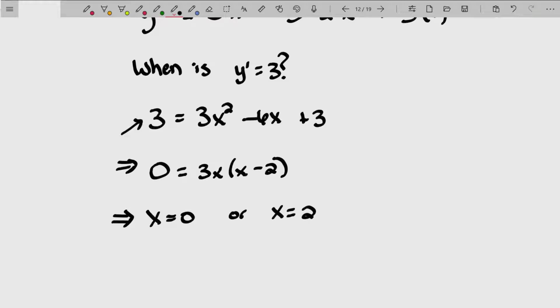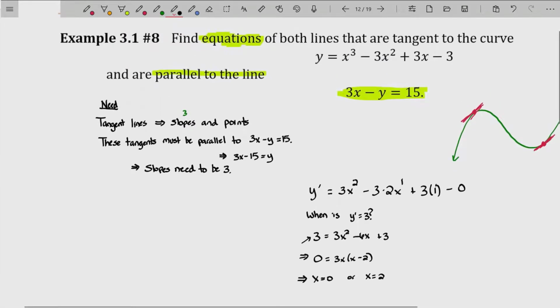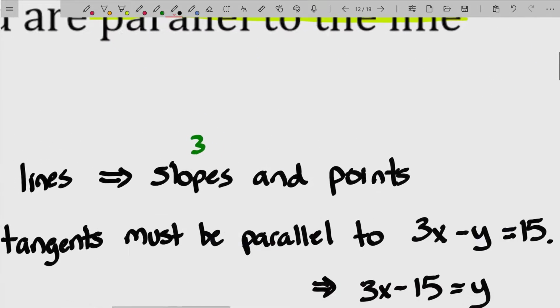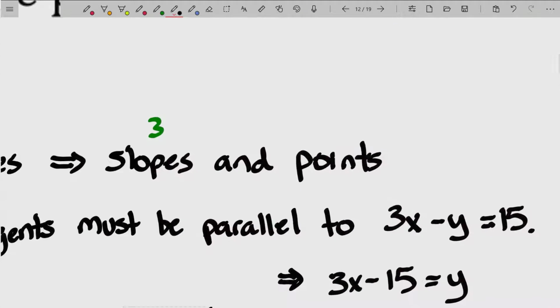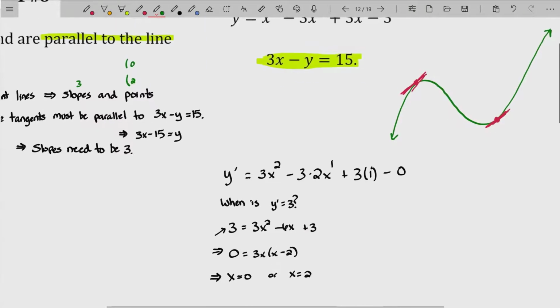Well, that's super helpful, because now not only do we know the slope has to be 3, we found 2 x values, I should say it this way. Now that we know the slope has to be 3, we have found 2 x values, 0 and I think it was 2. All we need to do is find their respective y values.